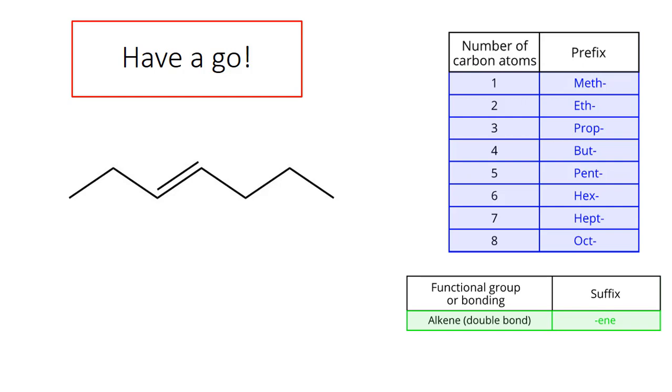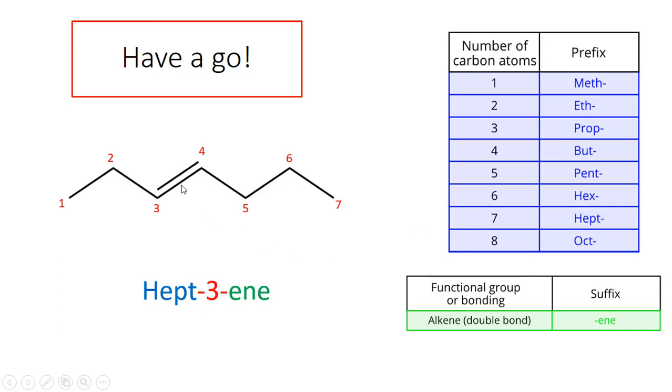Okay, so I'm going to go through the answer now. This molecule is named hept-3-ene. So well done if you got that right, but I'm going to go through it if you didn't, so don't worry. This molecule has 7 carbon atoms, and that's where we get the stem of hept. Okay?